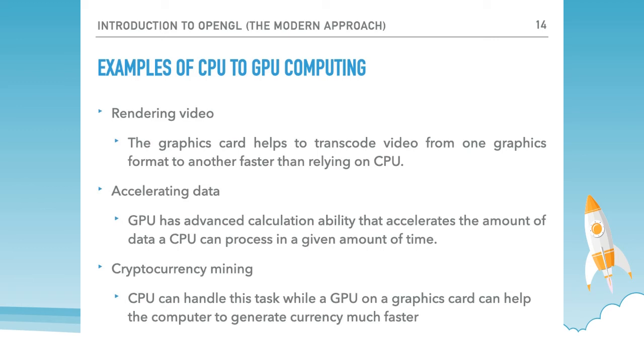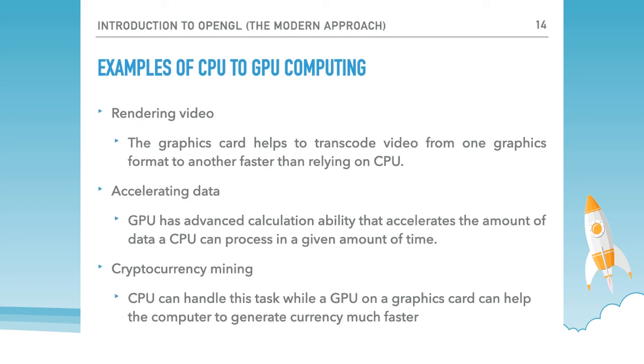A GPU has advanced calculation ability that accelerates the amount of data a CPU can process in a given amount of time. When there are specialized programs that require complex mathematical calculations, such as deep learning or machine learning, those calculations can be offloaded to the GPU. This frees up time and resources for the CPU to complete other tasks more efficiently.